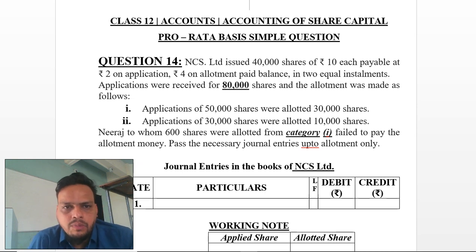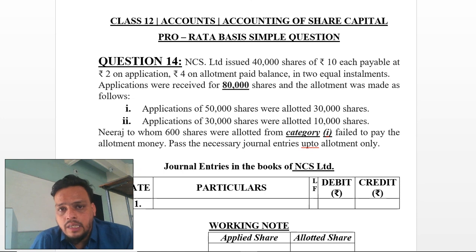Now let's talk about question number 14. Here it has been mentioned NSC Limited issued 40,000 shares of rupees 10 each, payable at rupees 2 on application, 4 rupees on allotment, and the balance in two equal installments. Applications were received for 80,000 shares and the allotment was made as follows.